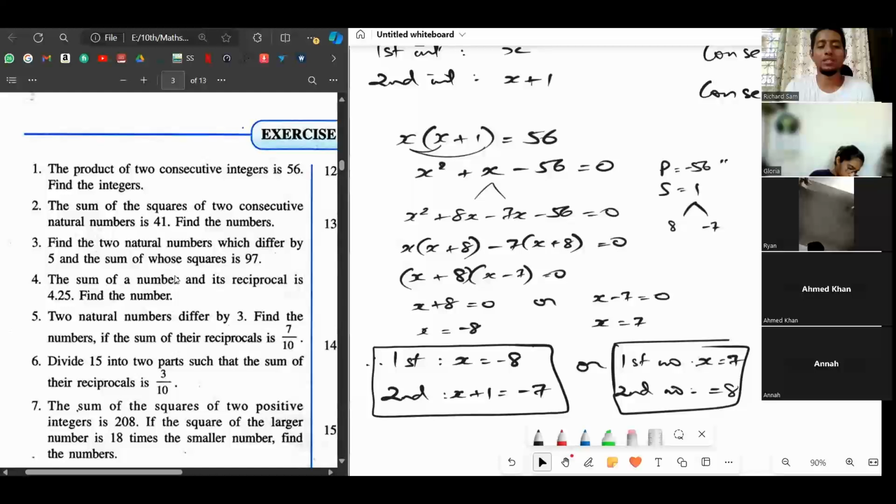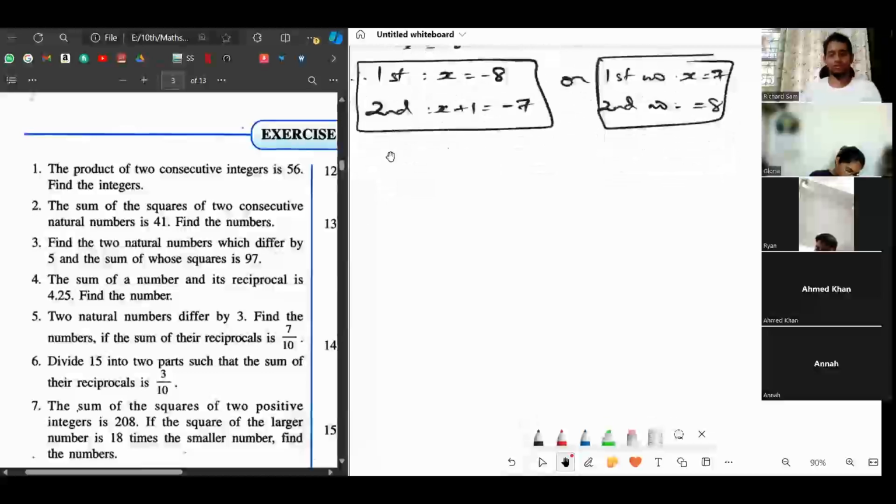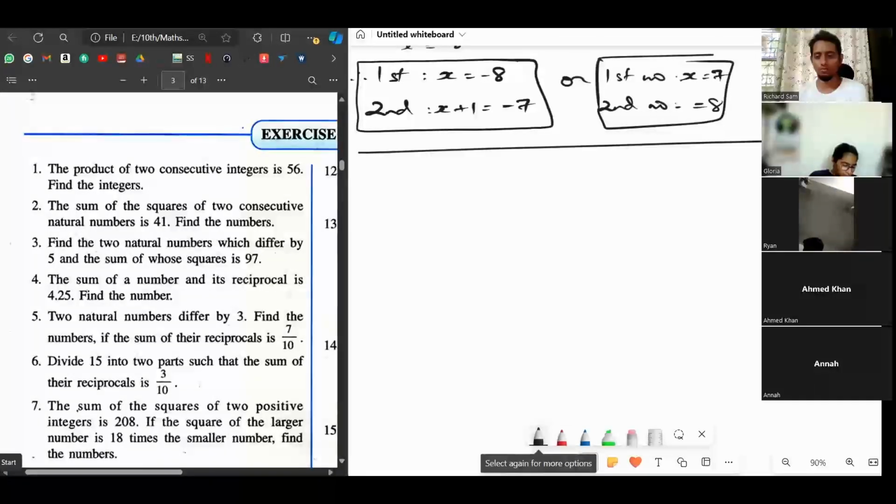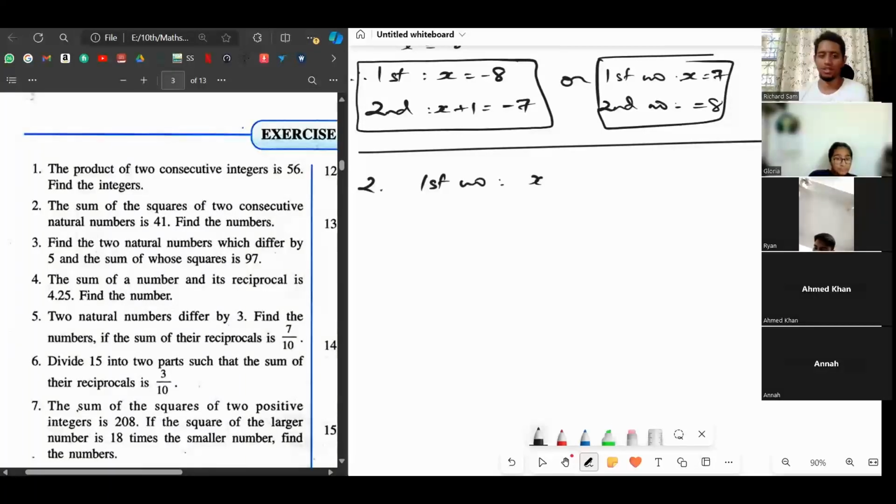Sum of squares of two consecutive natural numbers is 41. Anyone got the equation? Sum of squares of two consecutive natural numbers. Okay, so first number we'll take as x.